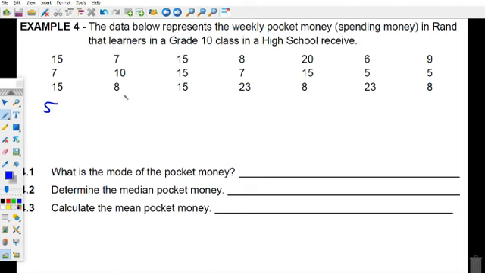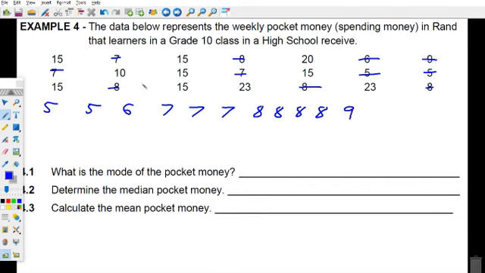So we're going to say 5 and 5, 6, 9, 10.